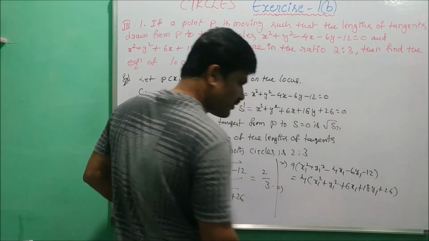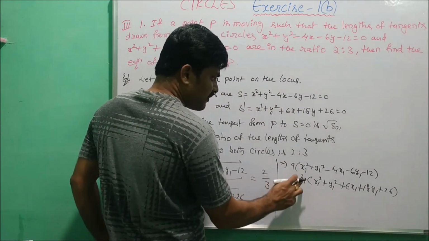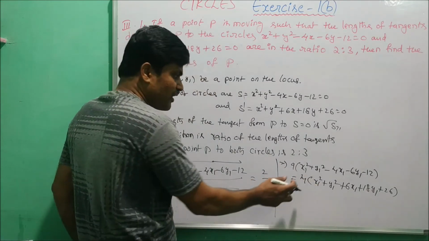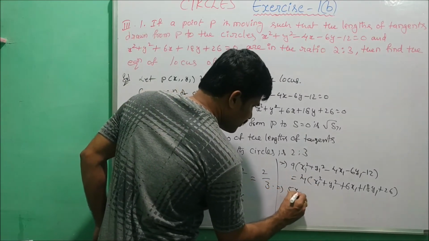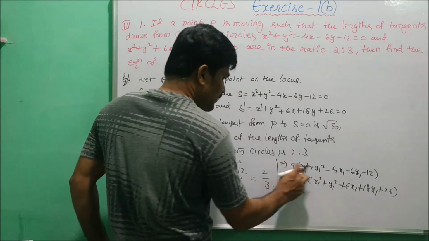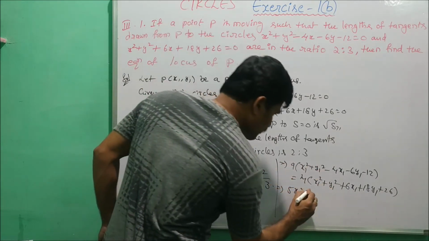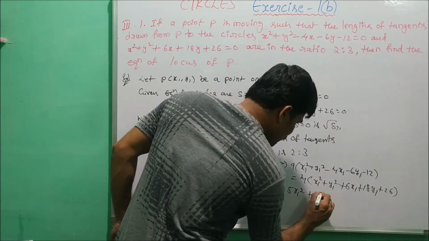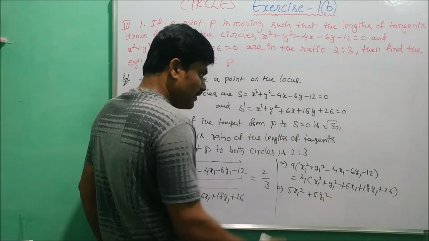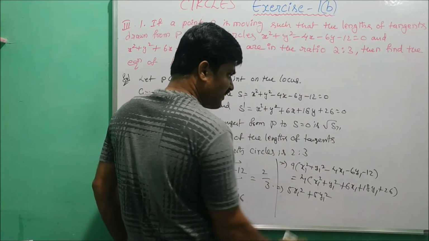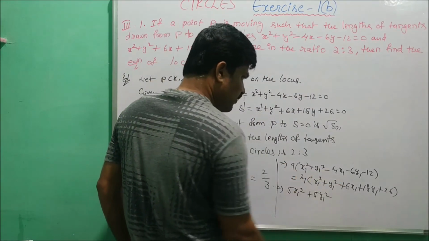Now here we have to observe, this is 9x1 square. We take 4x1 square from the left side, so that is 5x1 square. 9y1 square minus 4y1 square, that is 5y1 square. And in the left side, minus 36x1, in the right side 24x1.